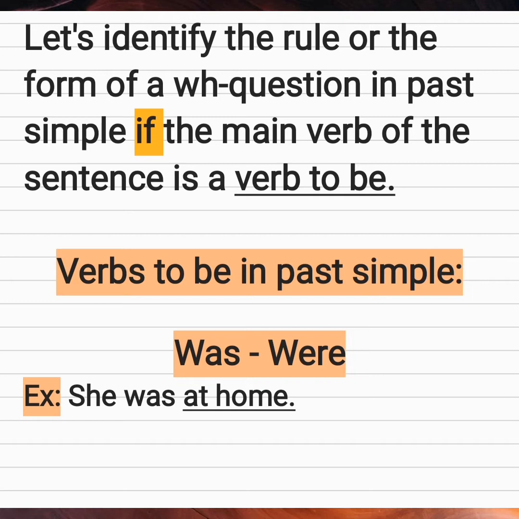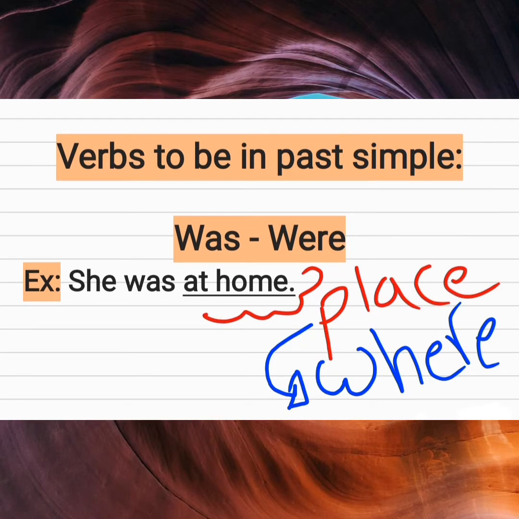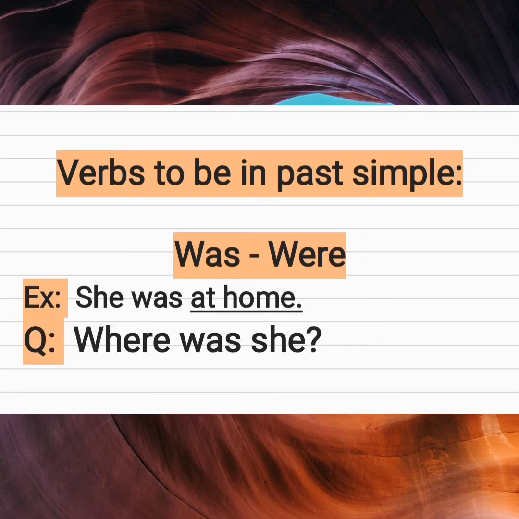If we want to ask about at home, first we should identify the needed WH word. And at home is a place, so we should use where. Where was she? So the question is, where was she?